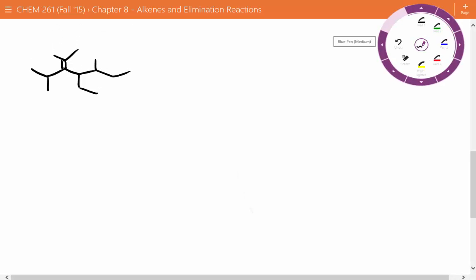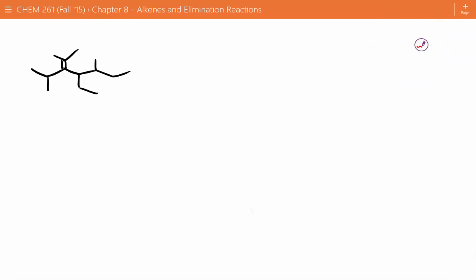All right, let's do the next example. Let's try to name this one. When we're numbering a ring with a double bond, the alkene in it, do we have to say the one in hexene, or does it assume that we start at the double bond? You always want to start at the bridgehead.